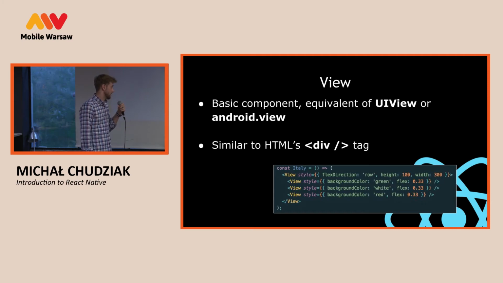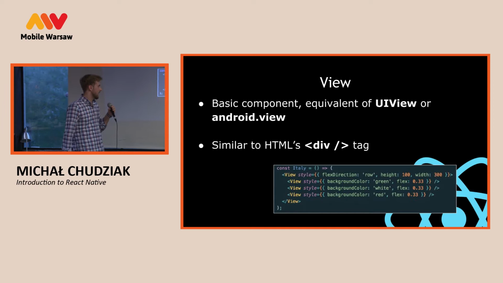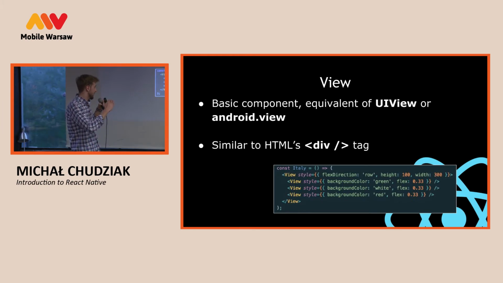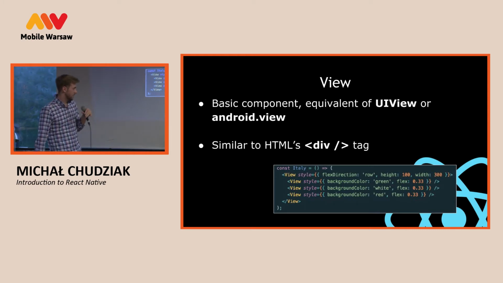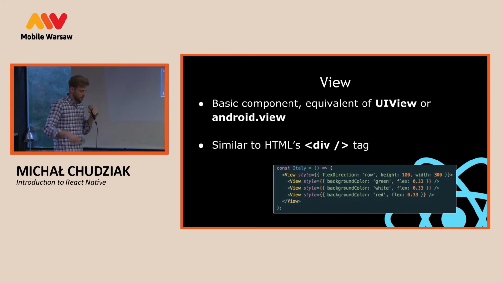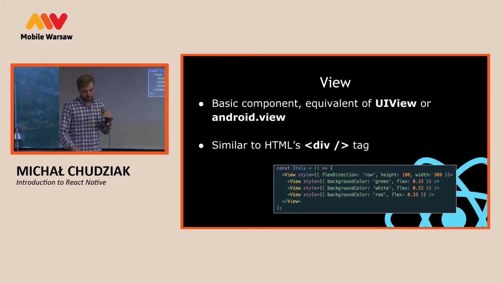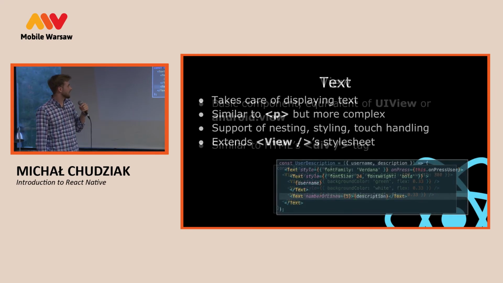And here we just have Flexbox styles. So we can nest the views inside each other, and as you can see, we'll just have 3 squares inside the one container. So it's all about nesting, and the power of React is transformed to mobile development.